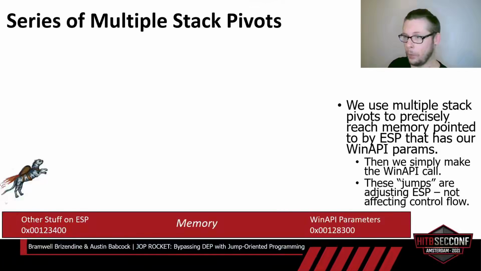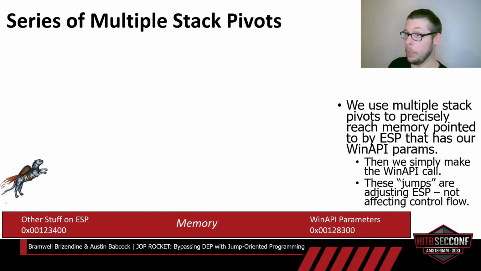We have a buffer overflow, we have an SEH overwrite, whatever the case may be. And at that particular moment, ESP points to a certain value. So it's 1, 2, 3, 4 right there in our example. But our stack parameters are quite a distance away, almost 5,000 bytes.